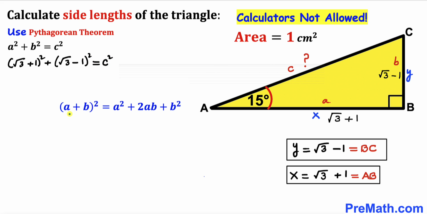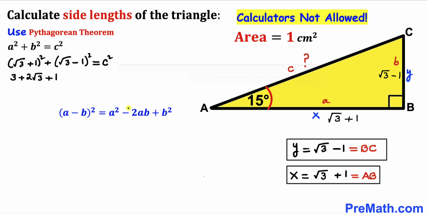And now let's recall this famous identity: (a plus b) whole square could be written as a square plus 2ab plus b square. We are going to apply it on this first one. And as a result, we got 3 plus 2 times square root of 3 plus 1 for this one. And now let's recall another identity: (a minus b) whole square could be written as a square minus 2ab plus b square. We are going to apply it on this second one.